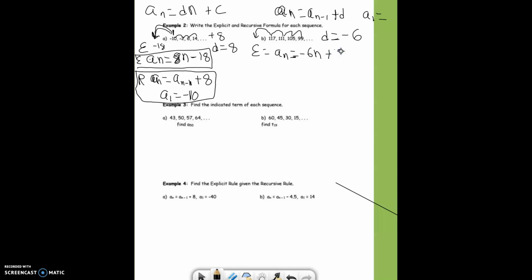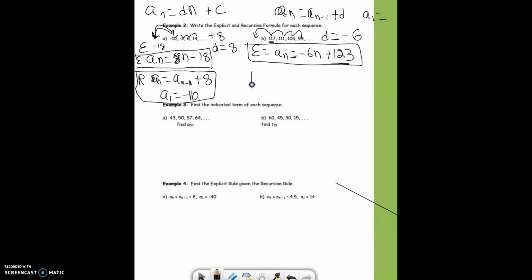So again, that is my 0 term. And now I have my explicit formula. Again, the difference was negative 6. I go back 1 from my first term to get my 0 term.